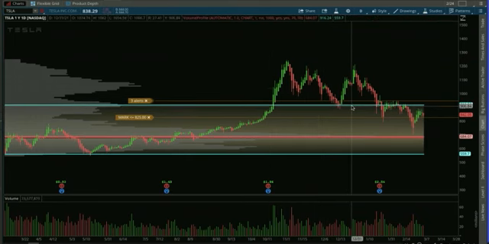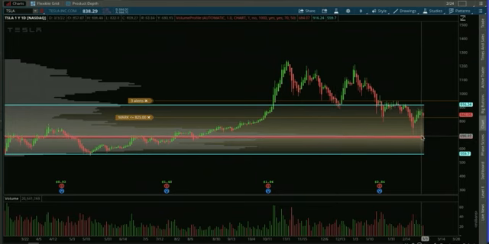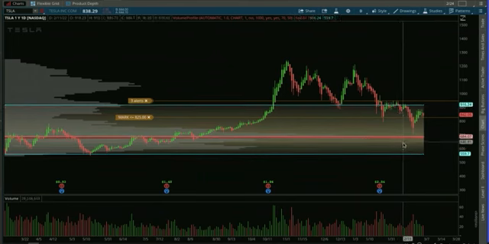It then becomes support, and then it breaks through, and now here we are. Now this red line that's in here is actually considered the point of control. So if the red line in the middle here is the point of control, the top part is the volume average that's above and the volume average that's below. So it's kind of a clear indication.